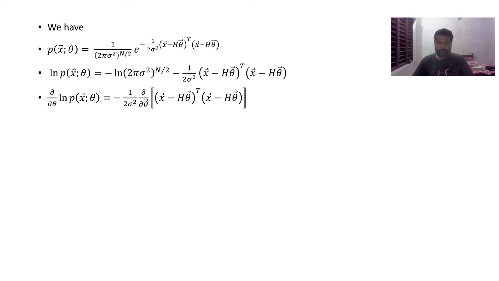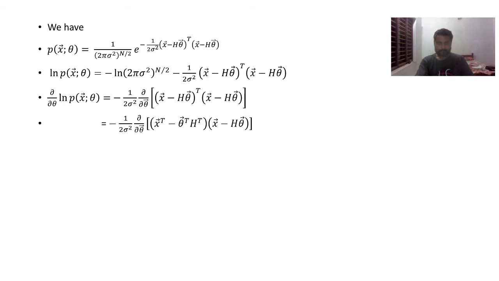So I will take the transpose inside that bracket, that is I can write it as x transpose minus theta transpose into h transpose, into x minus h theta. Further I can represent this as minus 1 by 2 sigma square dou by dou theta of x transpose minus theta transpose h transpose, into x minus h theta. What I will do is multiply each and every term here.